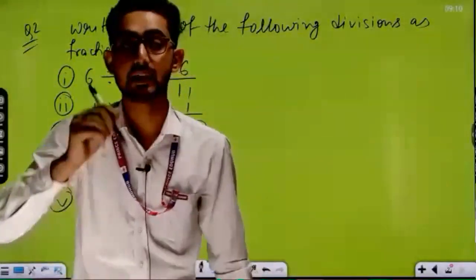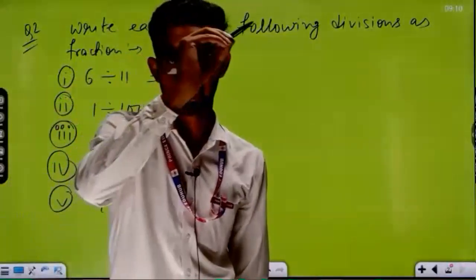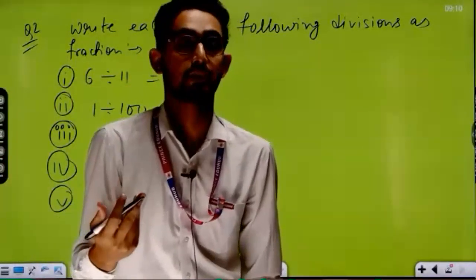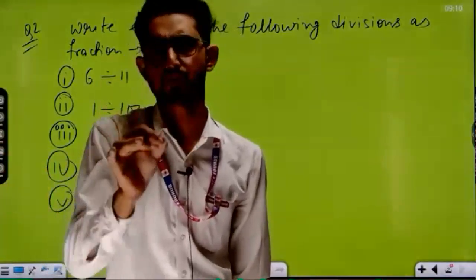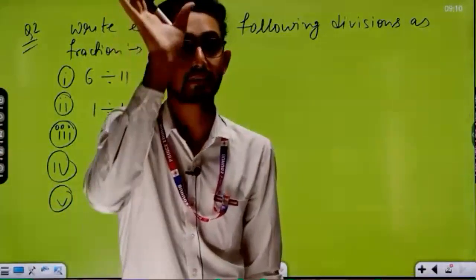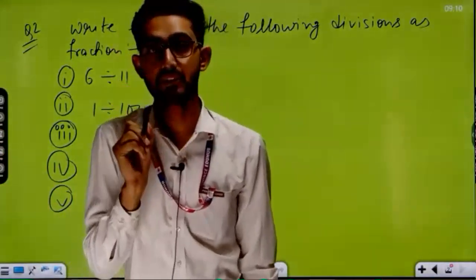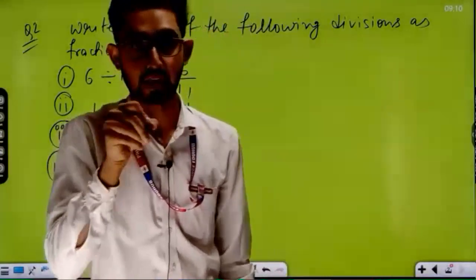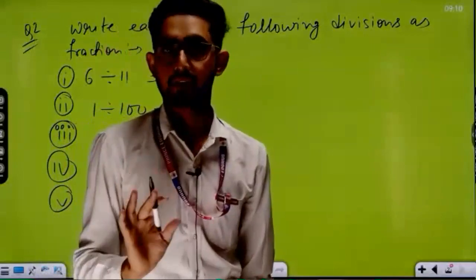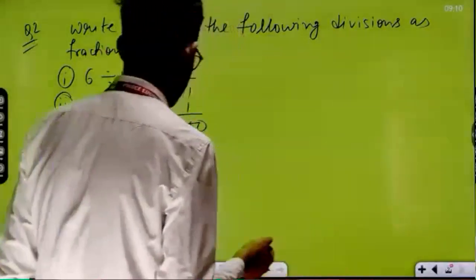You have to match question number 1 with an option in A, with an option in B. This is your complete homework. You have to make this whole table properly in your notebook, and tomorrow I will check one by one in your live class. Understood all of you? Yes. Okay. Now we'll move to the next question.